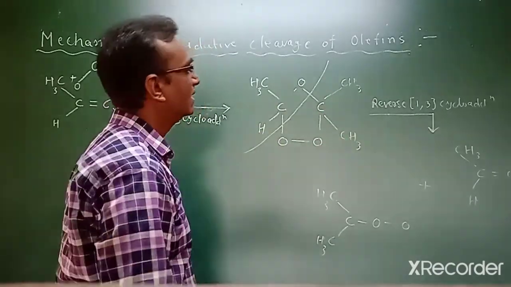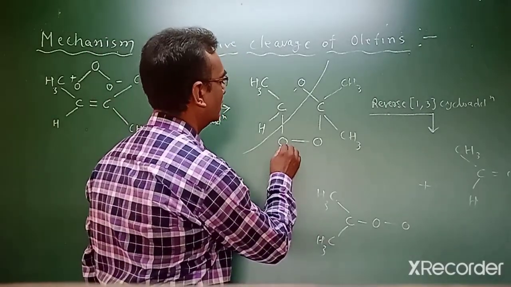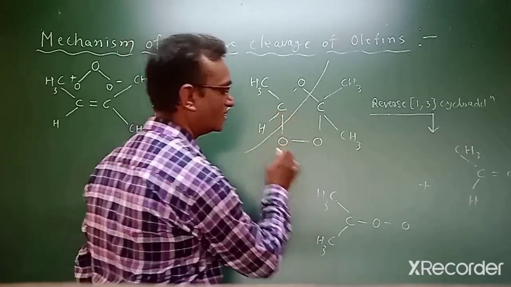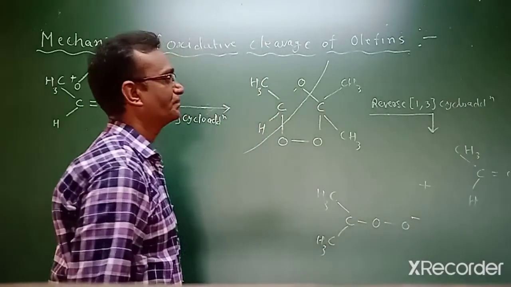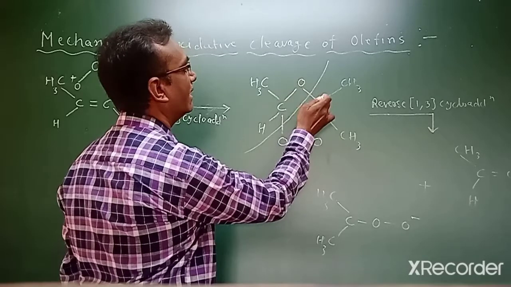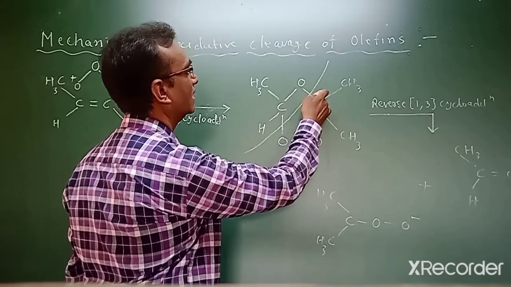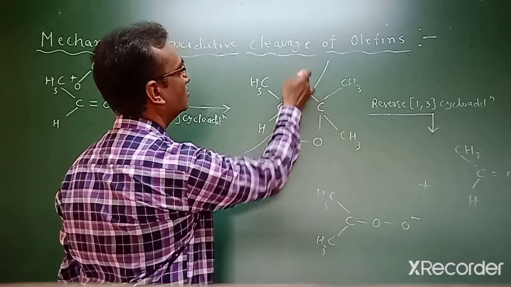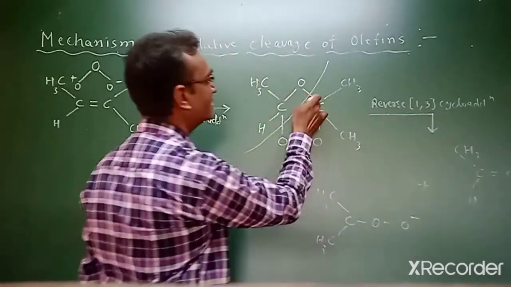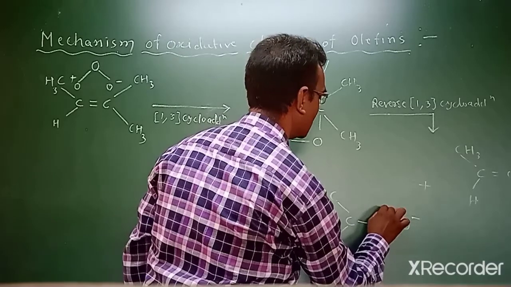Now here, as this bond is broken, the lone pair of electrons is transferred to oxygen, therefore it will carry a negative charge. And as this bond is broken, the electron pair is acquired by this oxygen to form a carbon-oxygen double bond here. Therefore this oxygen will now carry a positive charge.